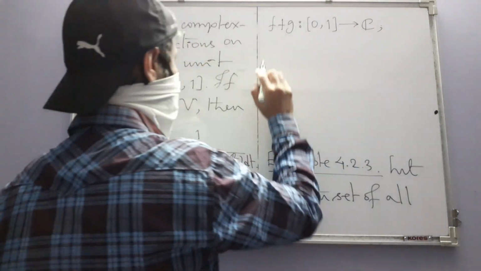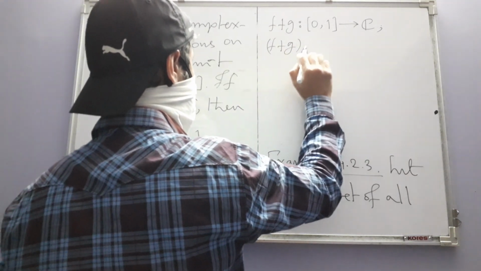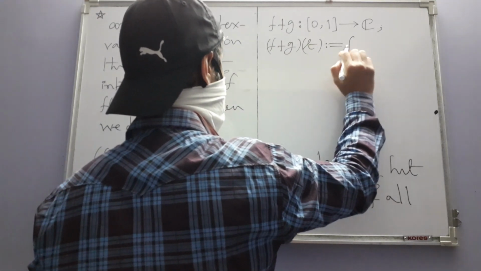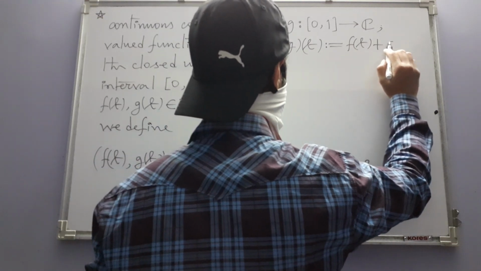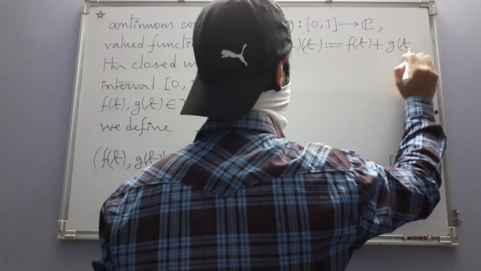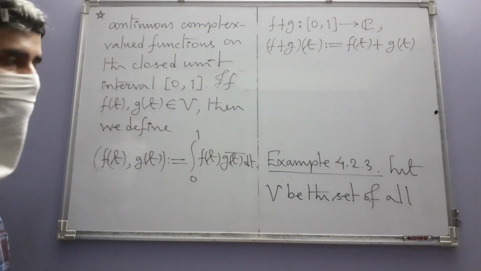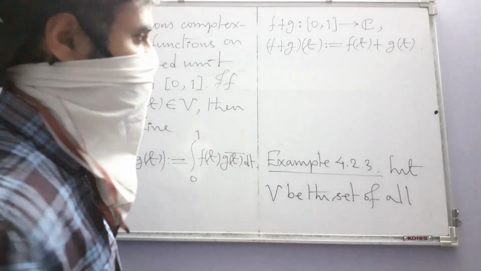And it is defined like this by this formula. It is defined to be just the sum of the f and g values at the input t. So that is our addition in this vector space.